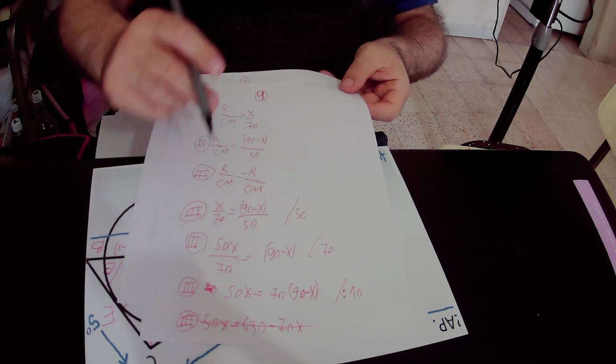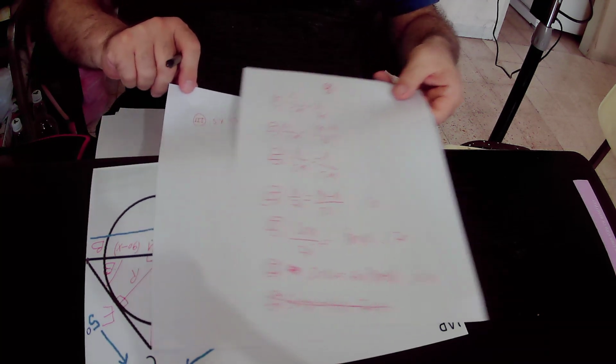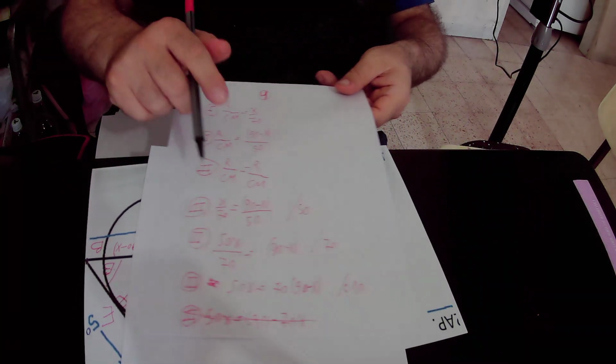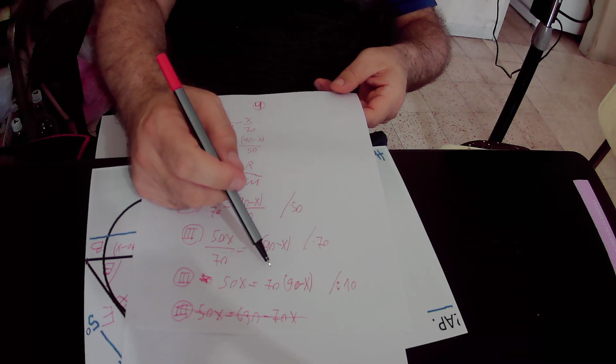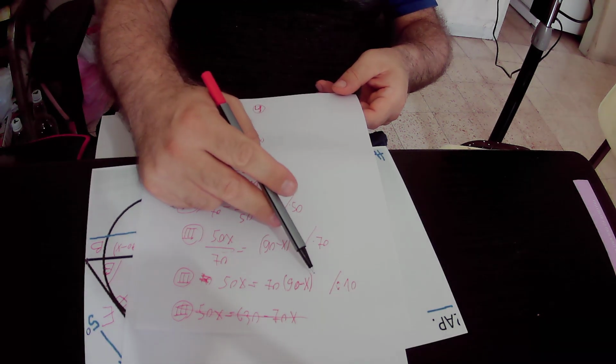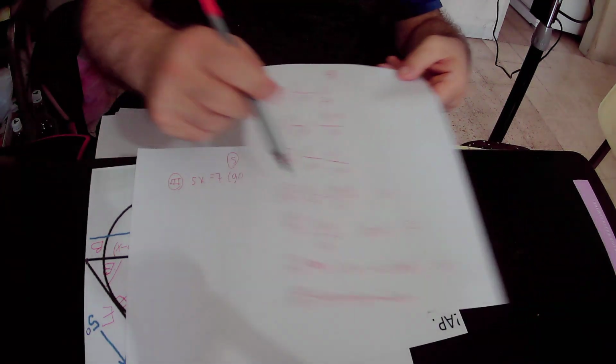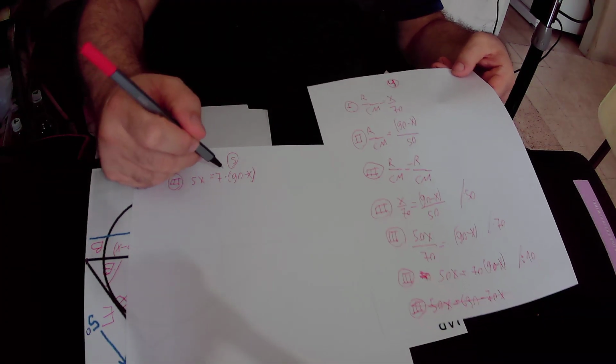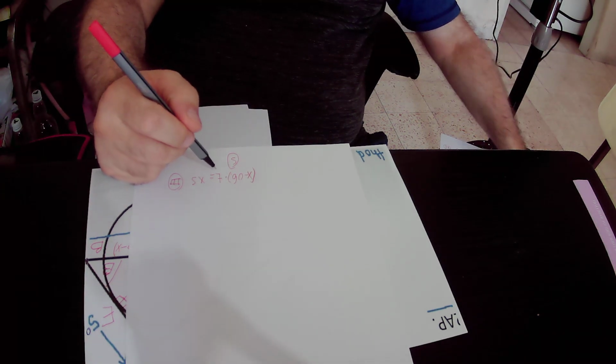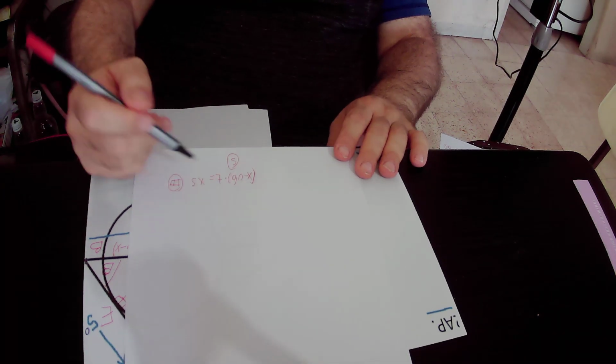50x divided by 10 equals 5x, and 70 divided by 10 equals 7 times 90 minus 6. Okay, now we will open the brackets on this side of the equation.